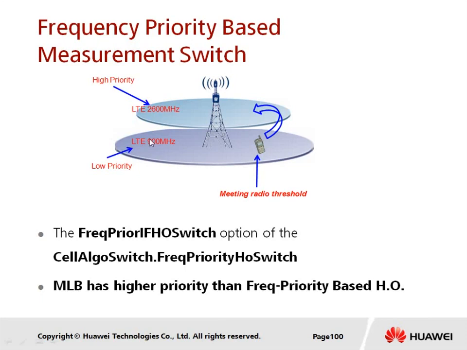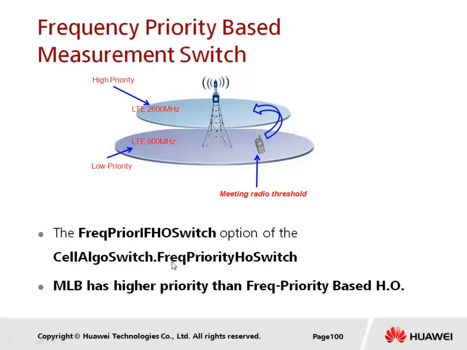First of all, we can see from this diagram that the frequency layer of 2600 has been defined with a higher frequency priority as compared to the other layer, which is the 900 megahertz.